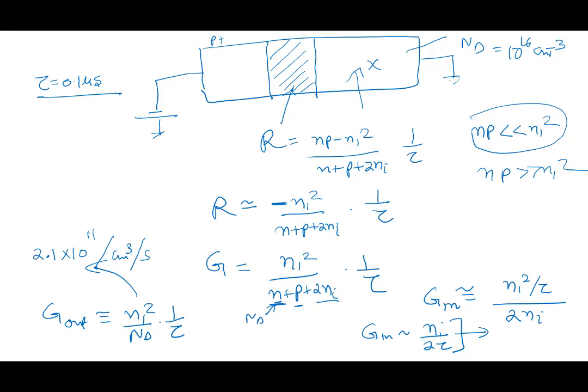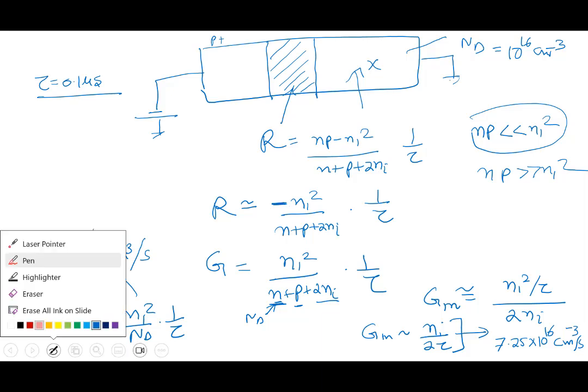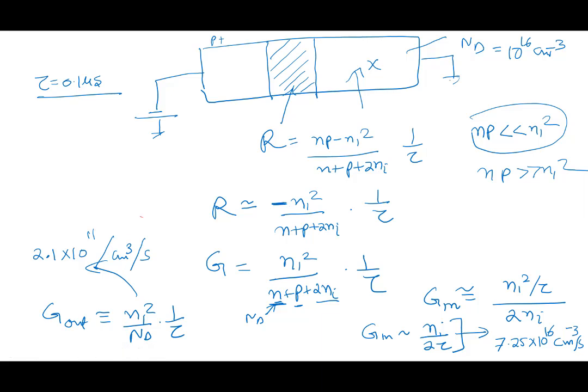So here, the generation rate for this comes out to be 7.25 into 10 power 16. Just look at the number. The generation rate outside the depletion region, 2.1 into 10 power 11 per centimeter cube per second.